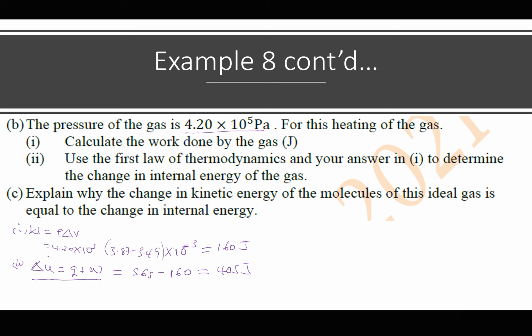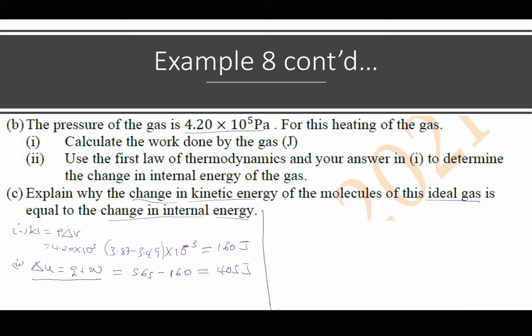Lastly, on part C, explain why the change in kinetic energy of the molecules of this ideal gas is equal to the change in internal energy. So remember, this is an ideal gas. We have said an ideal gas is a gas which obeys the equation PV equals nRT at all temperatures and pressures. But what do we know about an ideal gas?